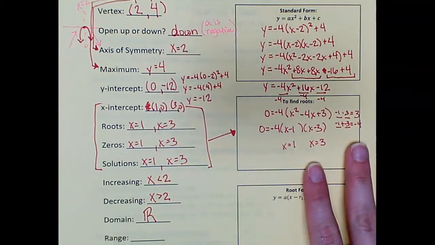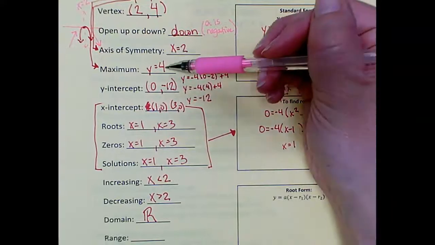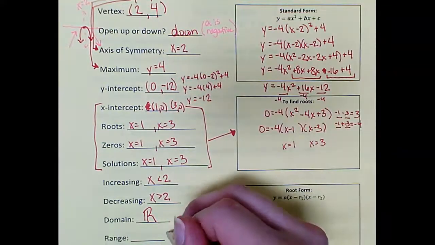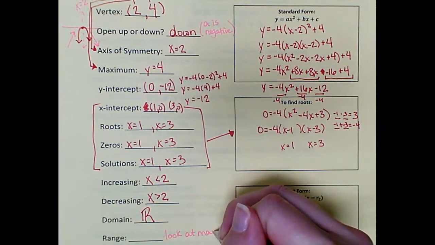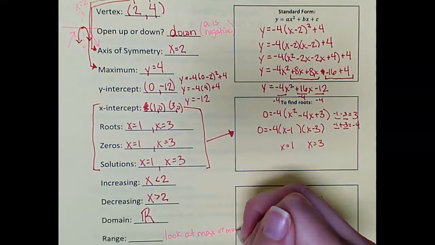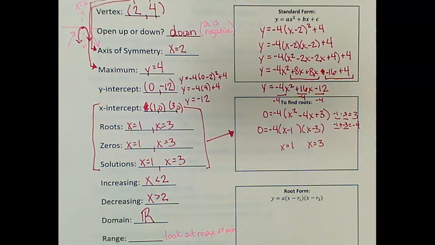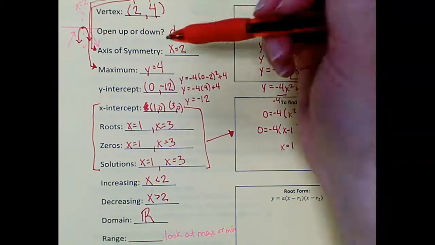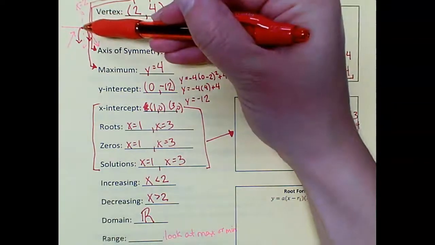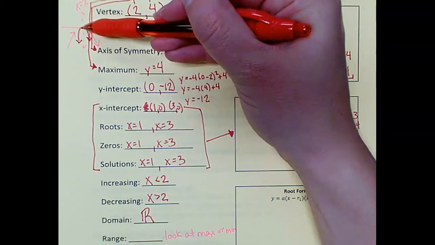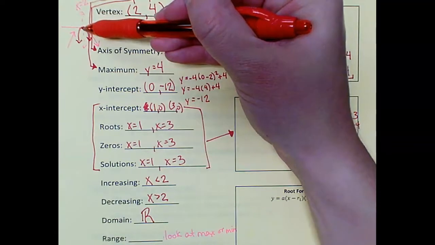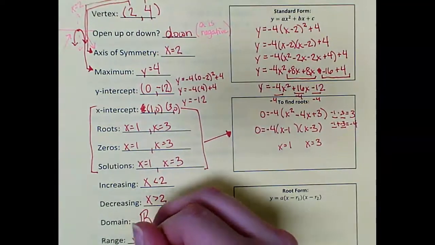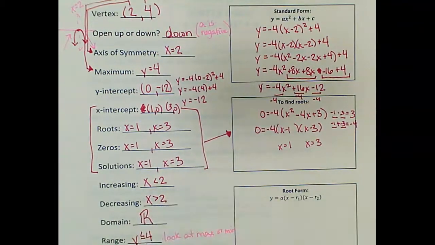So if I look at the maximum, right here it was y equals 4. So look at the maximum, or the minimum if you had a minimum value. All of my y values don't go any higher than 4 because the maximum is y equals 4. They're all under 4 or equal to 4. So that's all the y values that are less than or equal to 4.